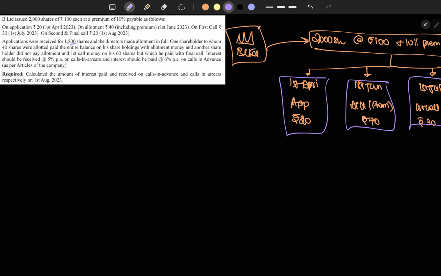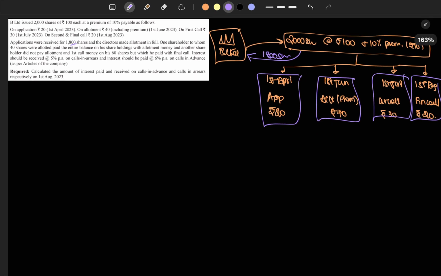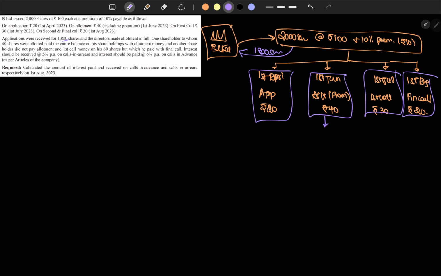Applications were received for 1800, while they issued 2000 shares. Only 90% of shares were subscribed, that is 1800 shares, and the directors made allotment in full. One shareholder to whom 40 shares were allotted paid the entire balance along with the allotment money. This is advance.